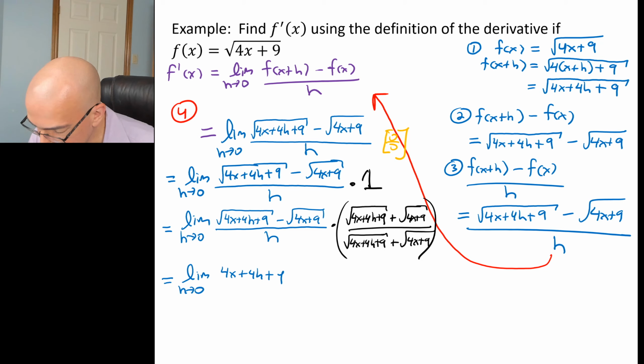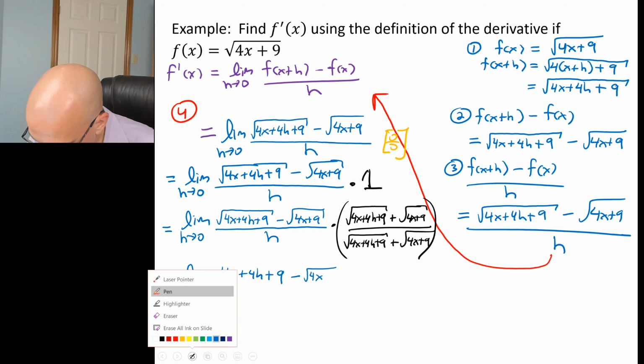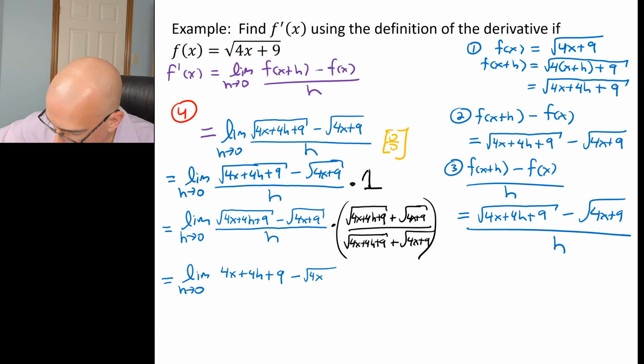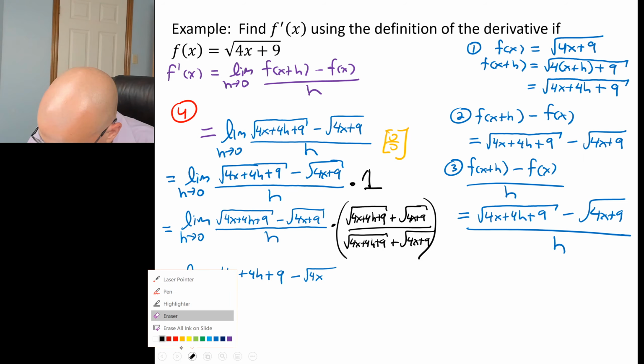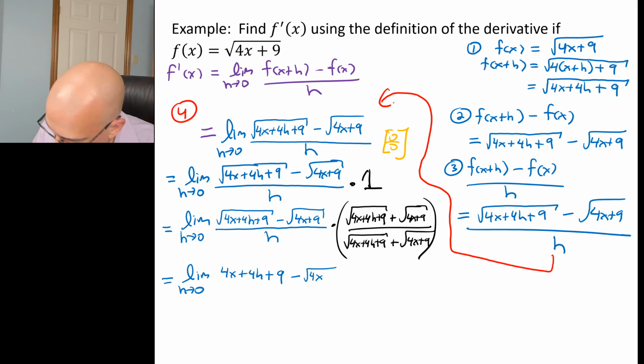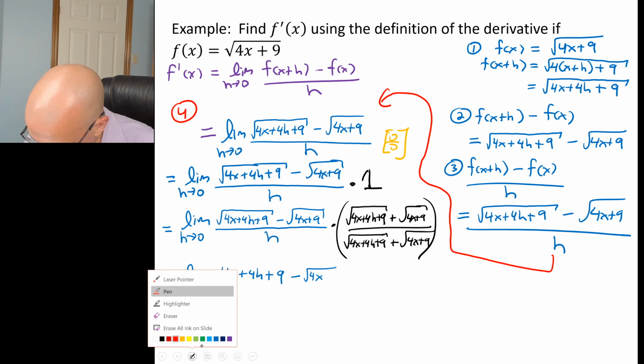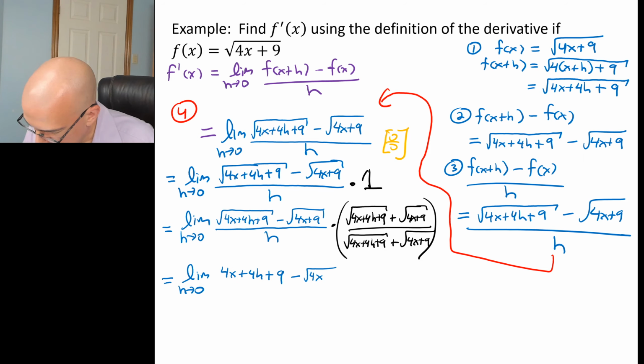We have minus square root of 4x plus 9 multiplied by, so this is inside times inside, 4x plus 4h plus 9.